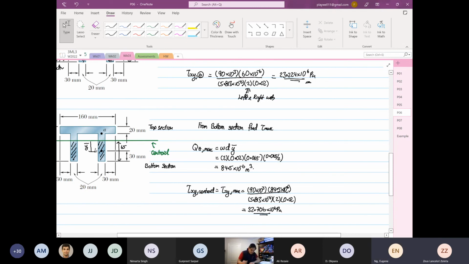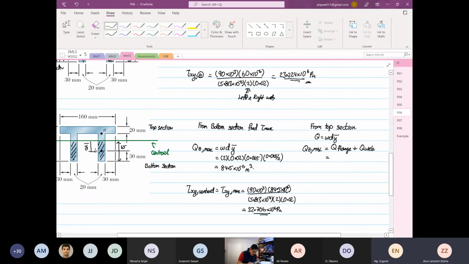Now we are going to do the top section. Again, we are going to determine Q Z max. This one is a bit different and a bit more difficult. For this case, you're going to find the Q of the flange plus the Q of the web. The general formula is still the same: width, depth, y bar.